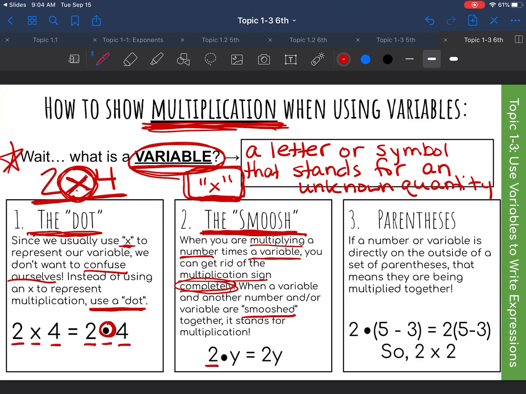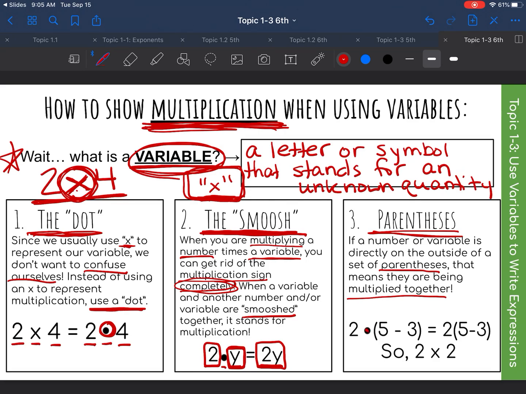So let's look at this example. 2 times y, since we have a number right here and a variable that stands for an unknown right there, we can just take out that multiplication sign and smush them together. So 2 times y is the same thing as just 2y. And the last way to represent multiplication is using parentheses. So if a number or variable is directly on the outside of a set of parentheses, that means they are being multiplied together.